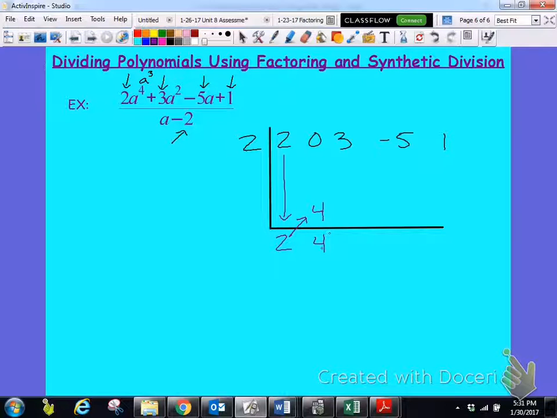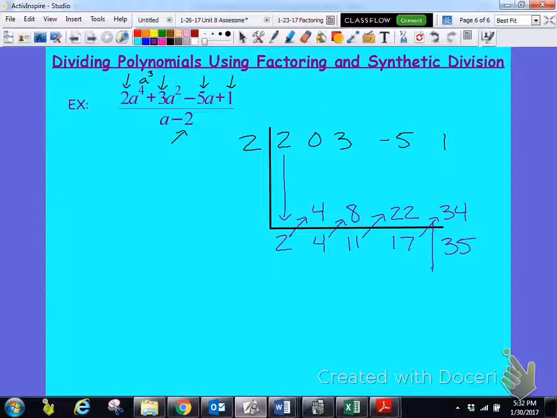Now 2 times 4 is 8, so I bring my 8 here. 3 plus 8 is 11, so I bring it out. 2 times 11 is 22, so it comes here. Negative 5 plus 22 is 17, and 2 times 17 is 34, so I bring my 34 here. And 1 plus 34 is 35, so that's my remainder.